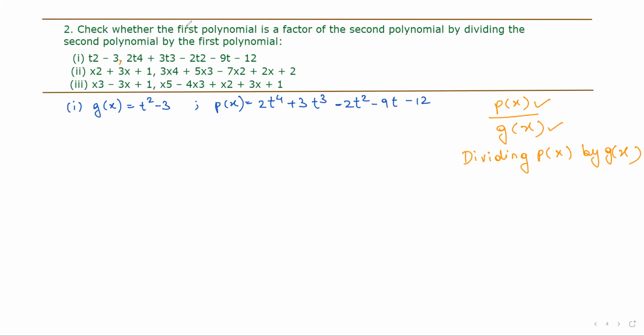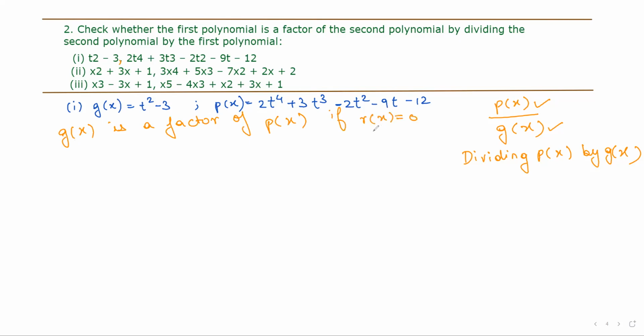And what do you have to check? You have to check whether the first polynomial is a factor of the second polynomial. When can g of x be a factor of p of x? So g of x is a factor of p of x if your r of x is equal to 0.